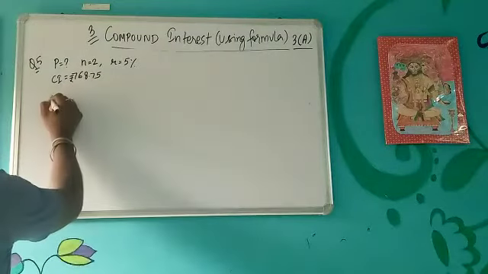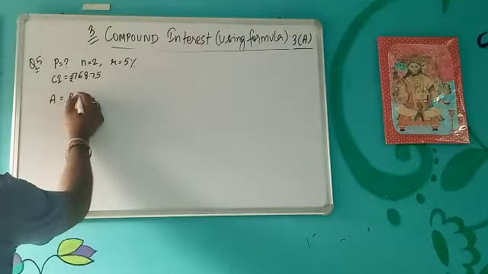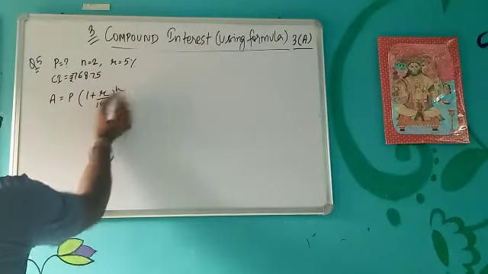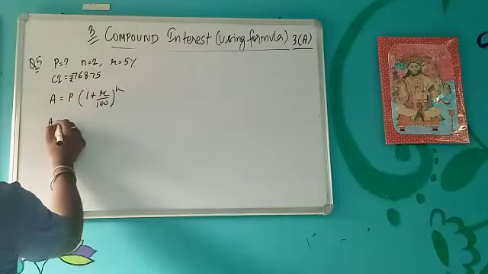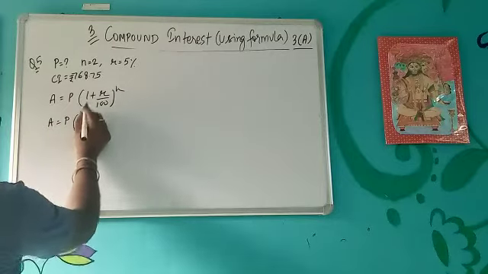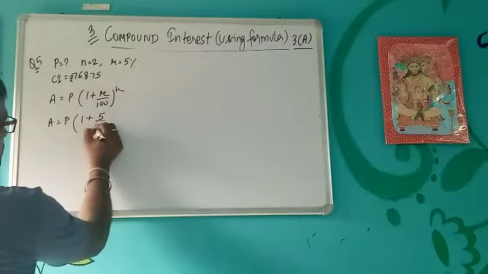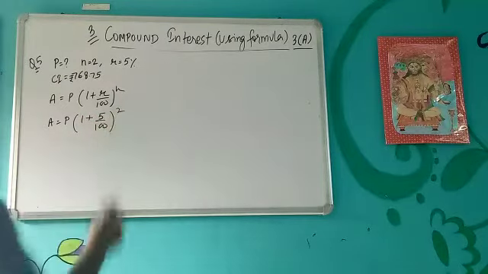It is compounded annually, so this formula again we are going to use, and then we will put in the values. A we didn't know, so it is P into (1 + 5/100) to the power 2.